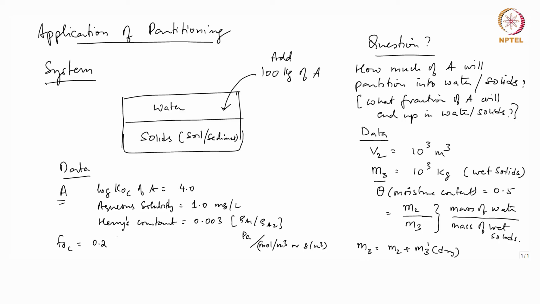This is one definition that we have. The particle density, which is rho of 3, means the average density of the solids. I am also giving you that, let us say it is 2300 kilograms per meter cubed.